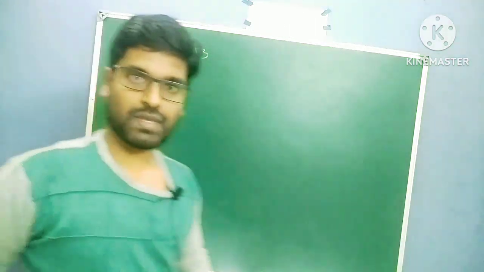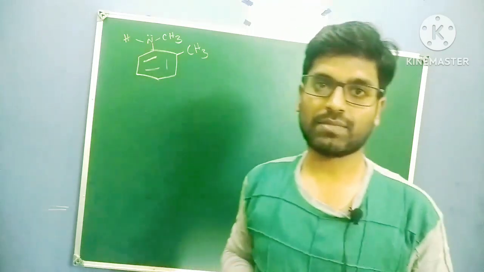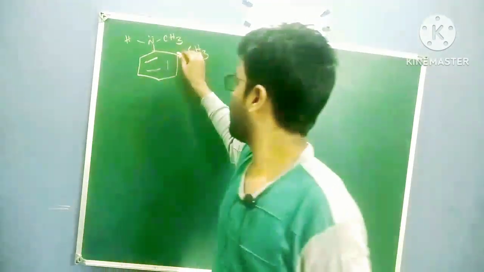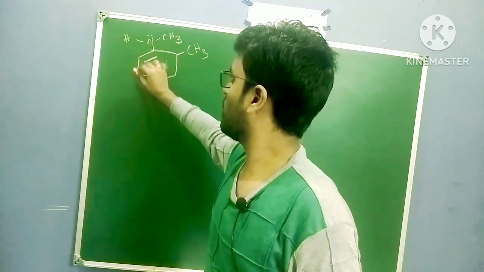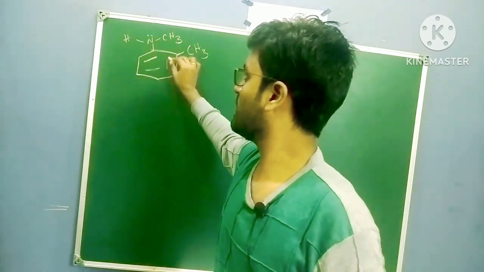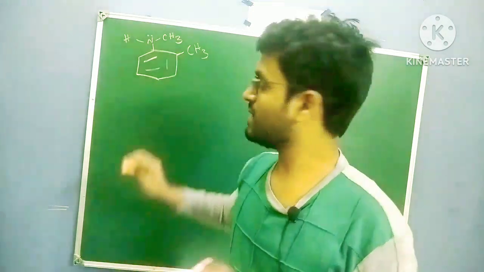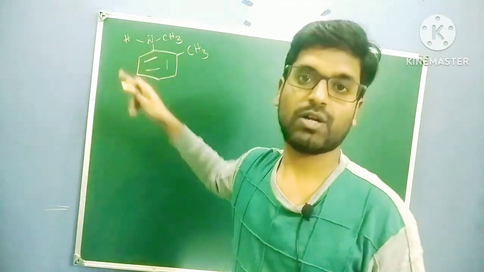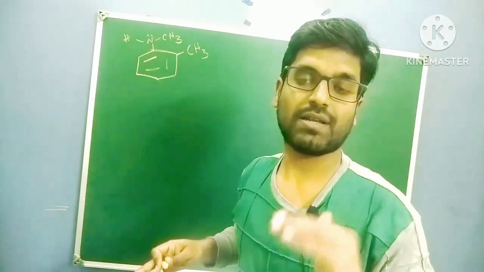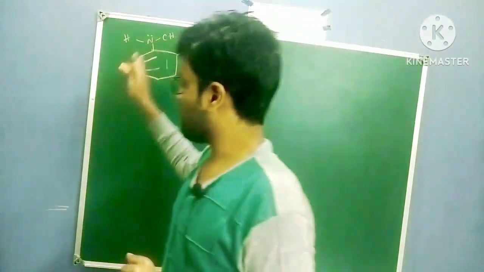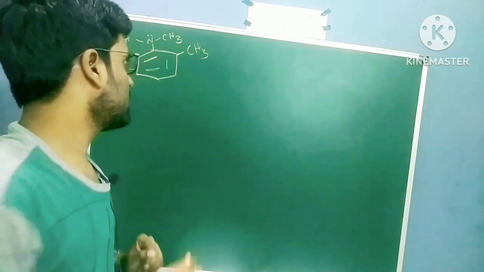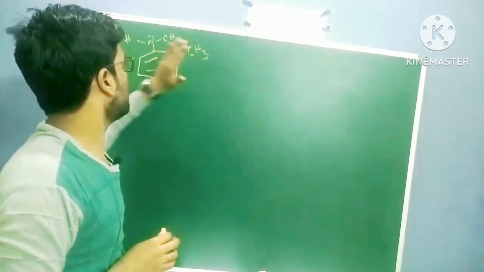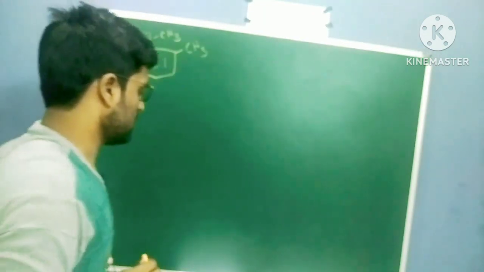When will resonance happen? Whenever all atoms are on the plane, only then will resonance happen. Every carbon atom should be on the plane, then only pi bonds can form. In the same way, this nitrogen group should be on the same plane to participate in resonance. If you don't have this group, the lone pair will participate in resonance.